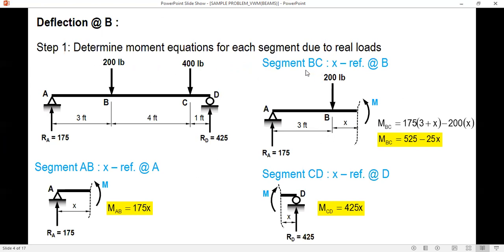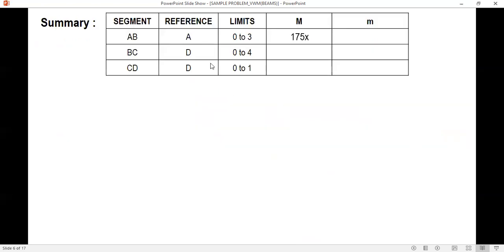For segment BC with reference at B, what's the distance of B from the reference B? Of course, 0. And what's the distance of C from the reference B? 4. Therefore, the limit is from 0 to 4. Typo error, B.